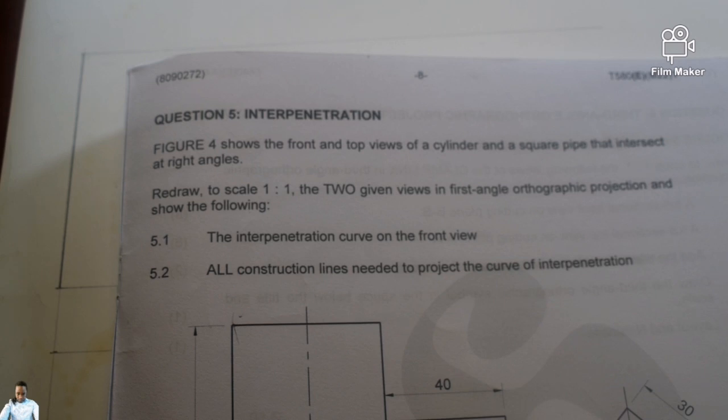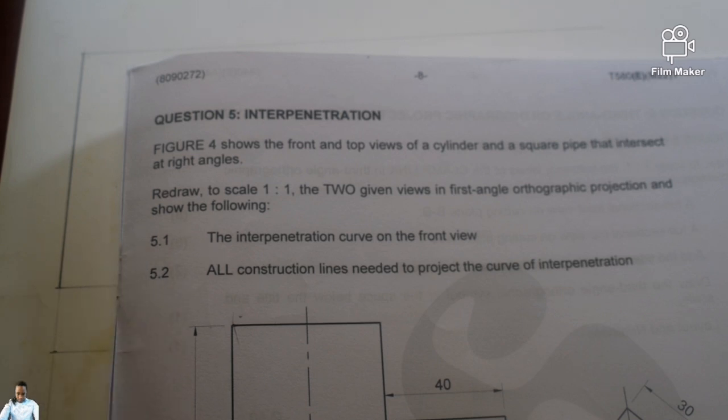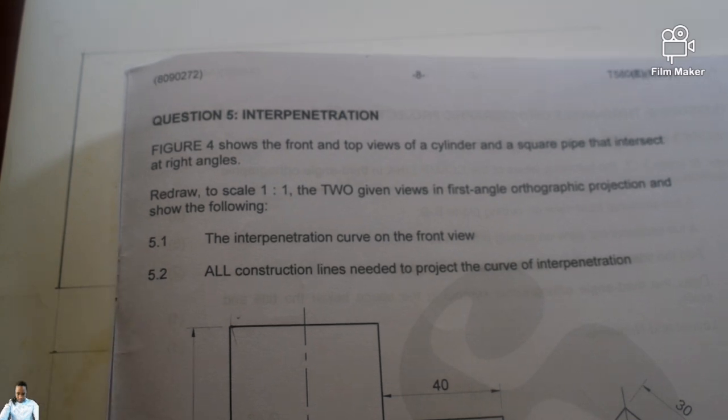So have your drawing compass. 50 divided by 2 gives 25 millimeter. Put it at 0 and open it to 25. There is my 25 millimeter.